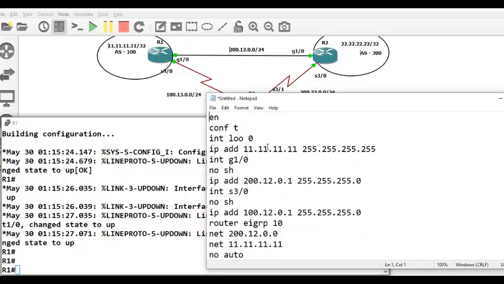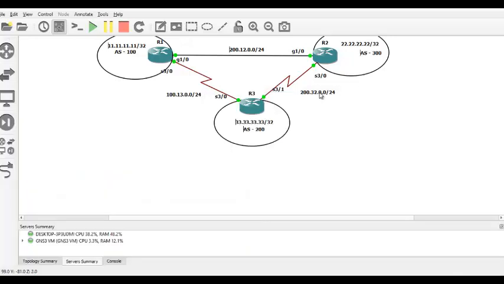Router 2 has got 22. G0/1 has got 10, which has got 2 here, and serial 3/0 has got 32.